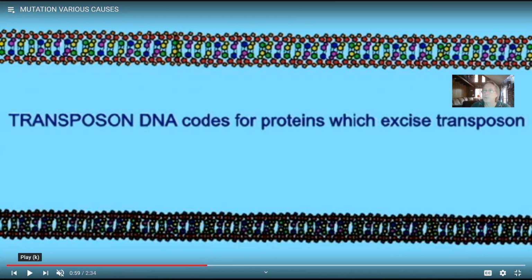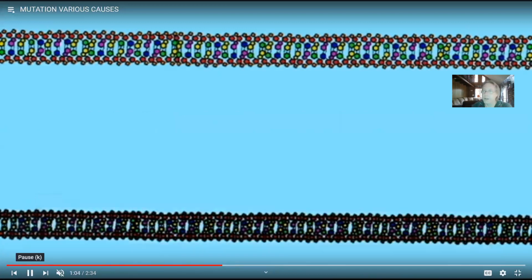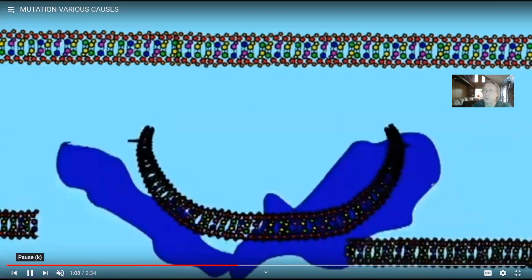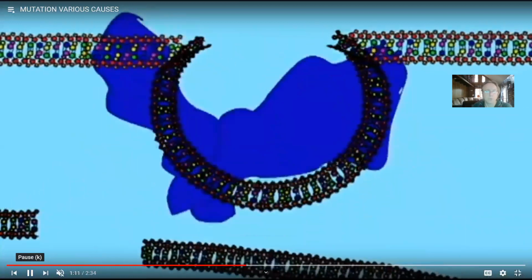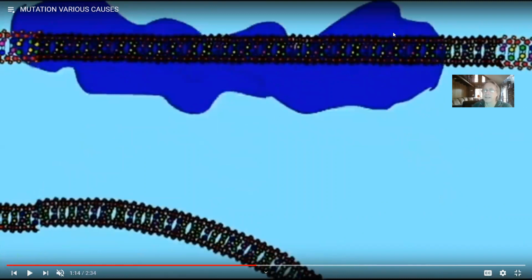There are those mobile genetic elements. So we like to think of our DNA as stable, but there are these jumping genes, if you will, a section of DNA which codes for a protein which will help excise that sequence and insert it somewhere else. So this DNA could have woken up today on chromosome 17, but by tomorrow it could be on chromosome 5. DNA can move, all right? Well, as it moves, it's now changed two sequences. All right, it's inserted over here. What did that do? Did it disrupt a gene?